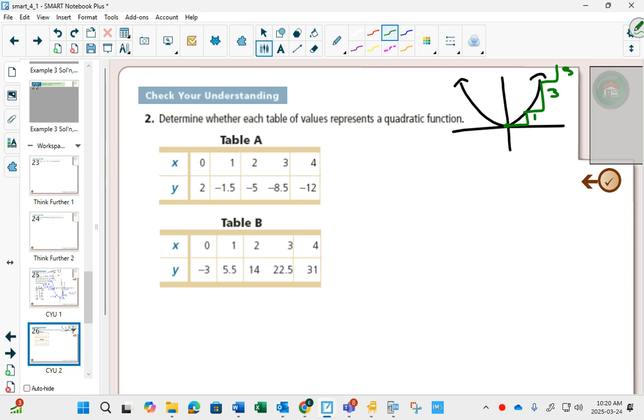What do we know about a basic line? The over 1 up in a line, that's your slope, right? In a line, that always stays the same. So here, notice I go up 1 and I go down 3.5. Then I go up 1 and I go down 3.5. And then I go down 3.5 again.